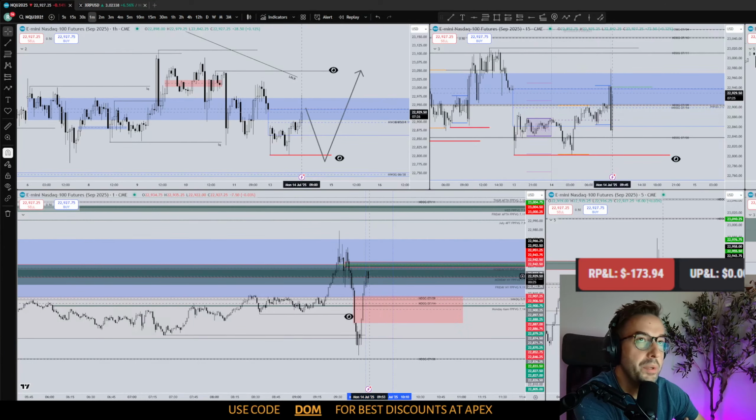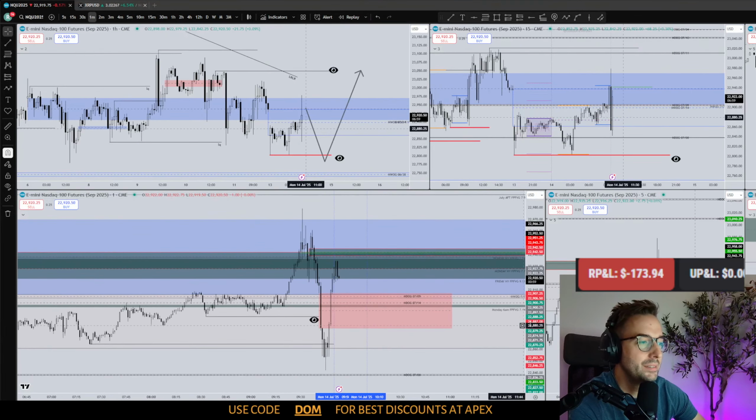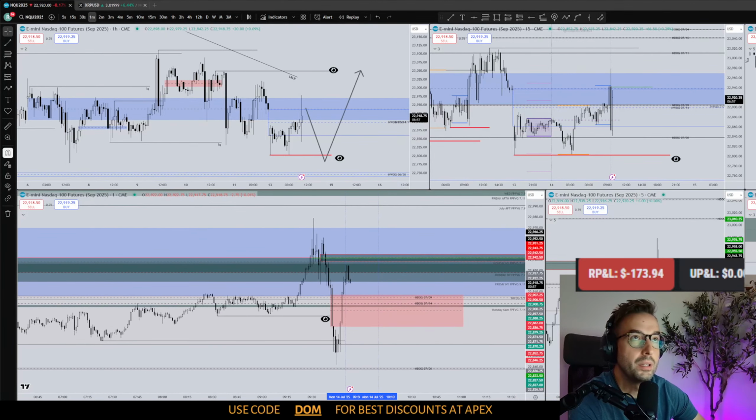So price right now on the 1 minute, it rejected last Monday's first presentation. It's very deep in the pullback, if it is a pullback. Can you short from here? Maybe, right? But it's not A plus.